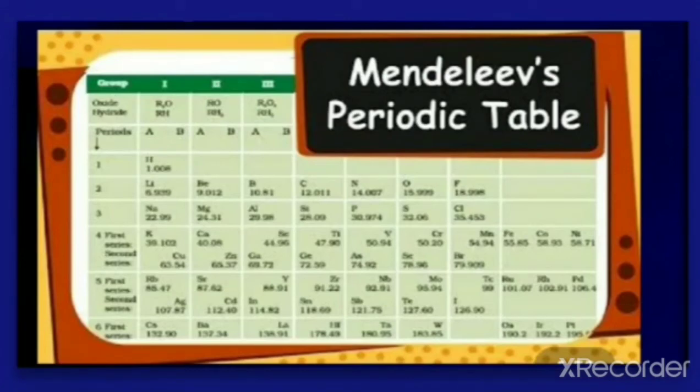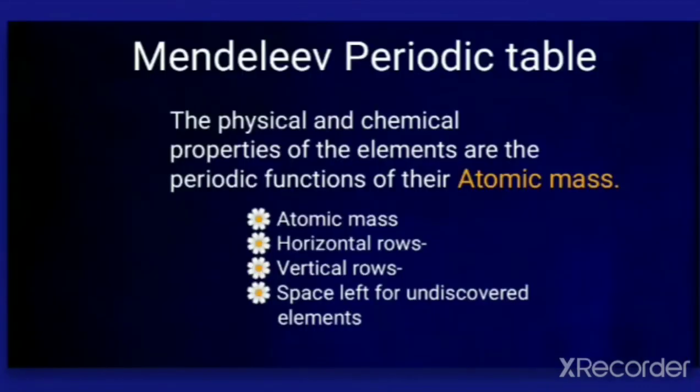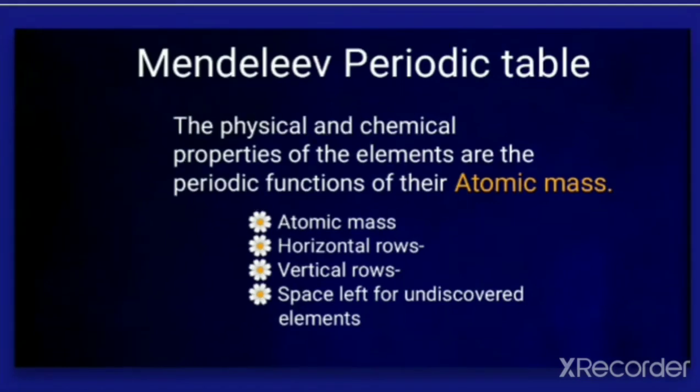Let us summarize what you have learned last year. In Mendeleev's periodic table, the law is that the physical and chemical properties of the elements are periodic functions of their atomic mass. That means the most importance was given to the atomic mass.